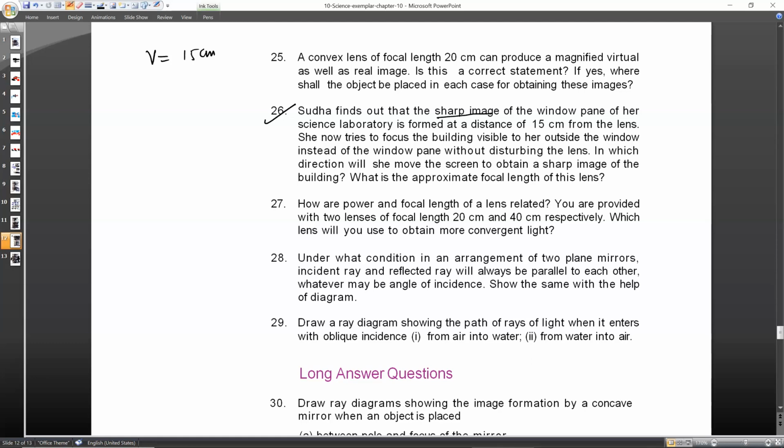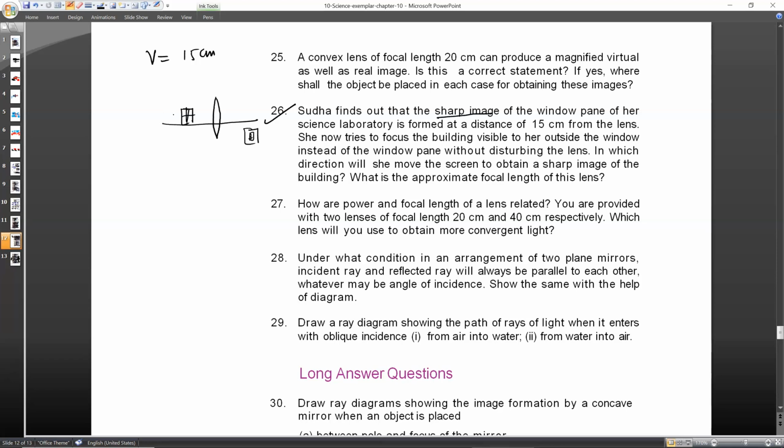Now she tries to focus the building visible to her outside the window. First of all, this is a window pane and it is a convex lens, and she finds the image of this window somewhere on a screen.